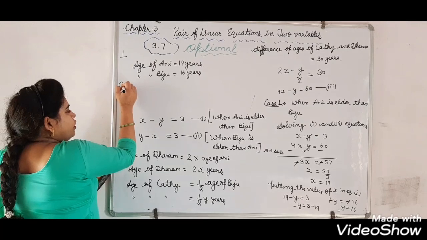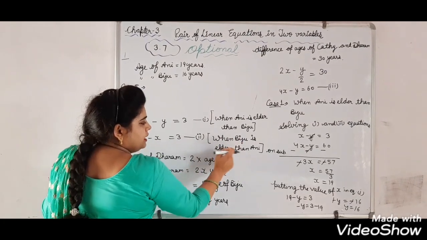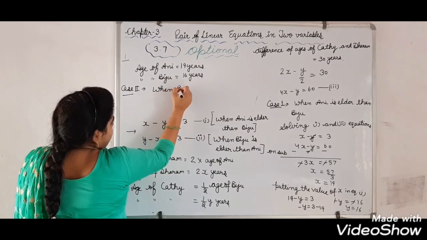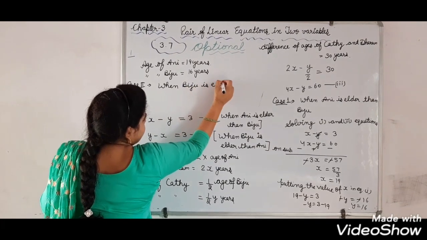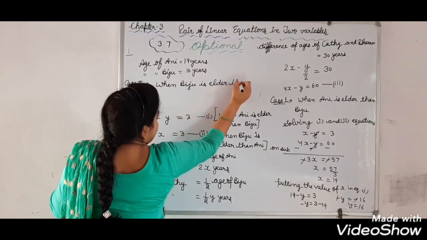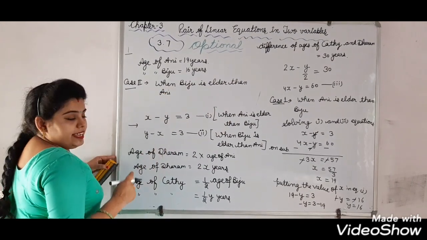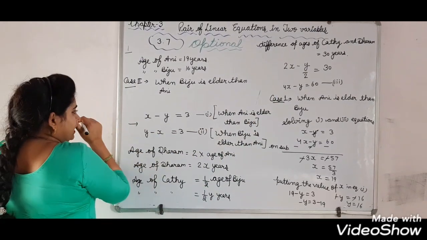Now solve for case second. Case second is when Biju is elder than Ani. Now in this case, we will solve second and third equation.